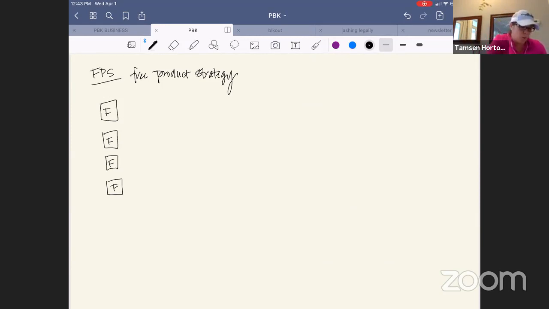And you're like, okay, I want people to get this, but I'm not going to sell it. So we say, okay, my lead magnet, when they opt in, when they give me their email address, this is when I want them to have access to this free content.